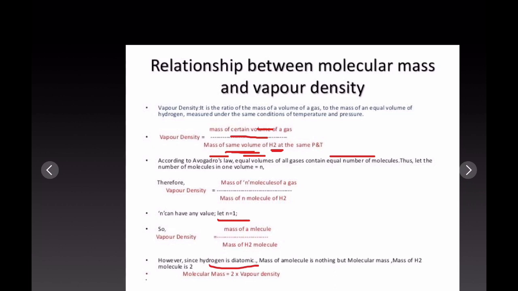Since hydrogen is diatomic, we are going to take the 2. So vapor density is equal to 2 into the mass of a molecule divided by the mass of a hydrogen molecule, which is nothing but the relative molecular mass, RMM. So we replace this as RMM. So vapor density is equal to 2 into RMM.